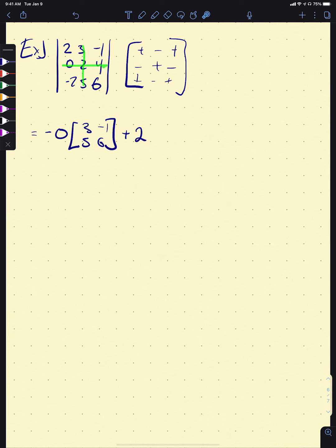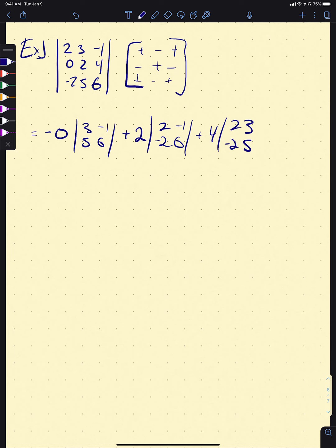Well, it looks like it's going to be 2, -1, -2, 6. And then if we expand on our last one, I guess each of these should be determinants, it's going to be 4 times 2, 3, -2, 5. Okay.